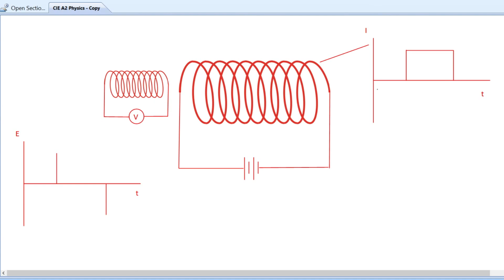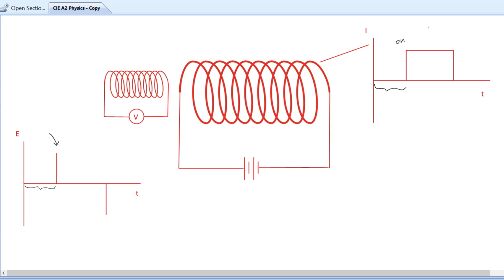So during this region, when there is no current, there will be no EMF, basically because there is no flux at all, so no change in flux. But during the change in flux from no current to high current, or from no flux to high flux, there will be an induced EMF, a very sharp and steep induced EMF.